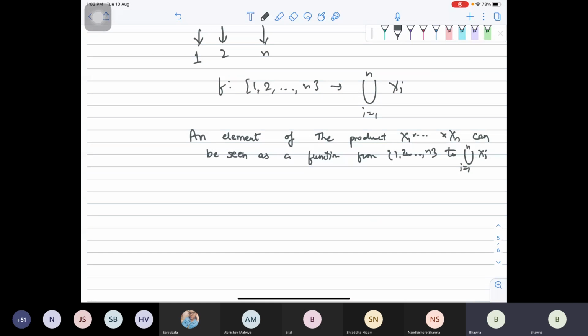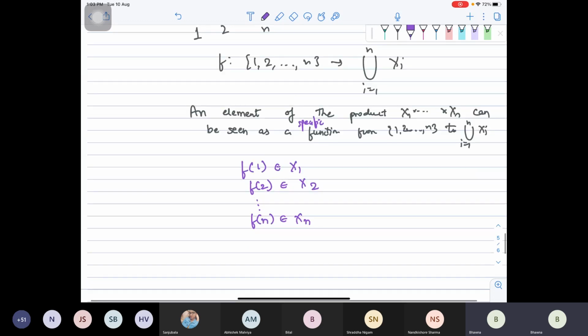Why am I saying that it is a specific function? What is the specific thing about this function? The specific thing is that f of 1 should belong to x1, f of 2 should belong to x2, similarly f of n should belong to xn.